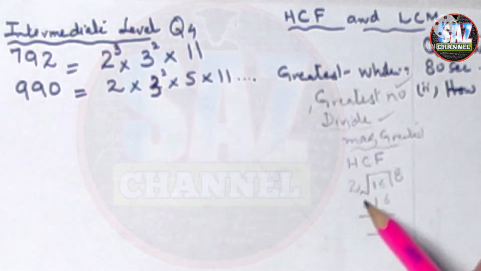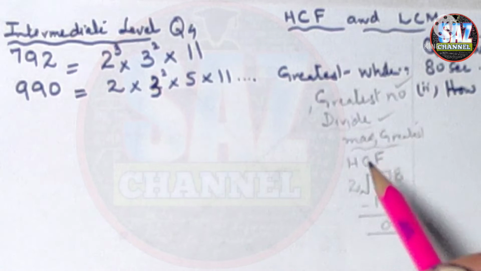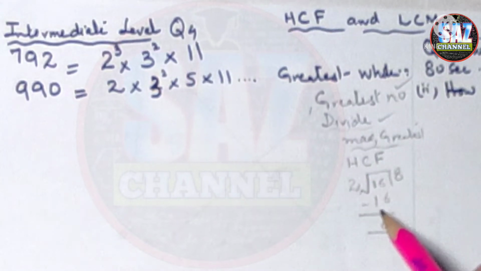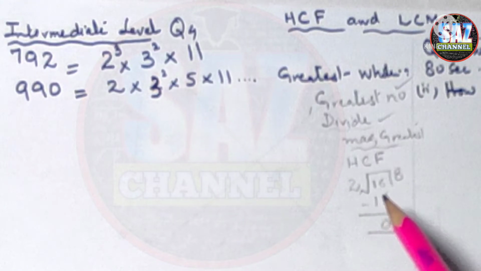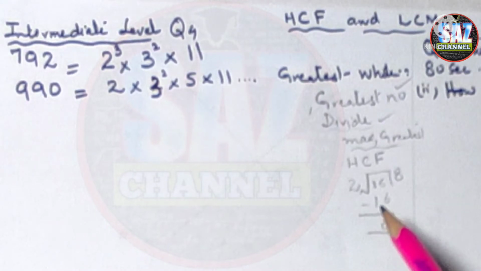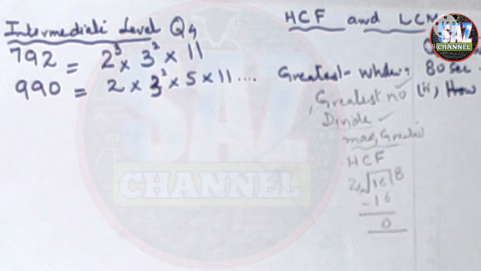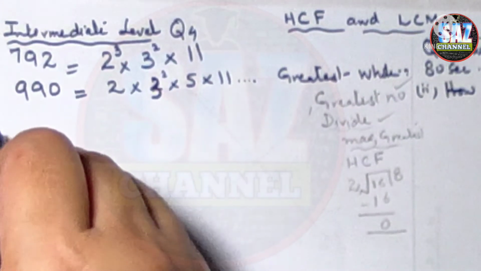So after working, we'll check whether, when we divide 792 and 990 by the number we get, the remainder is 0. If the remainder is 0, then our answer is correct. In order to find the greatest whole number, we have to find the HCF of the given numbers. Recall my previous lesson on how to find the HCF.